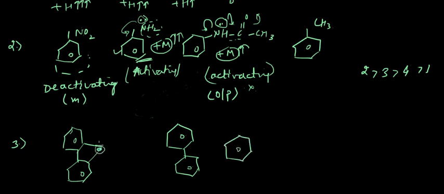So obviously, as there is a presence of 2 alpha hydrogens on here, 1 would be greater than 2, which would be greater than 3. On 2 we actually have a plus M from the neighboring phenyl ring, hence 2 would be more than 3.